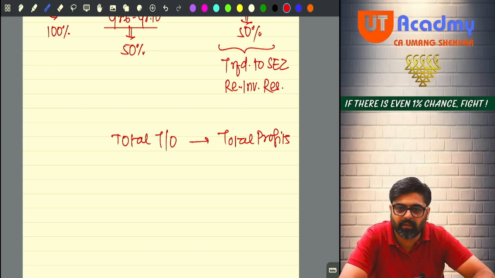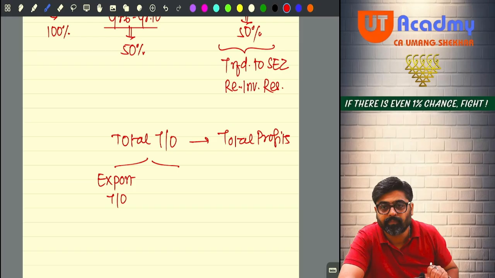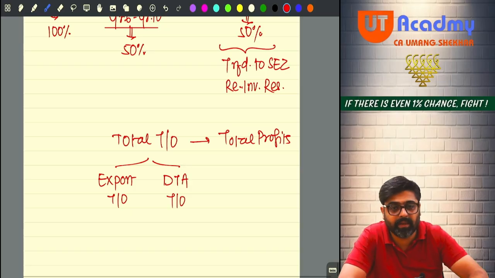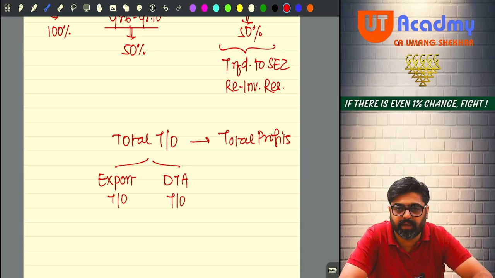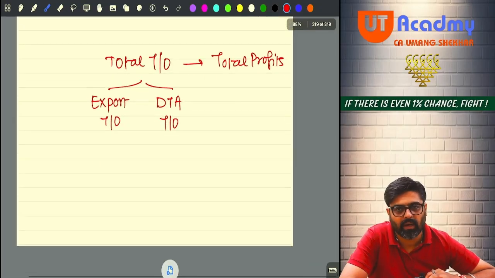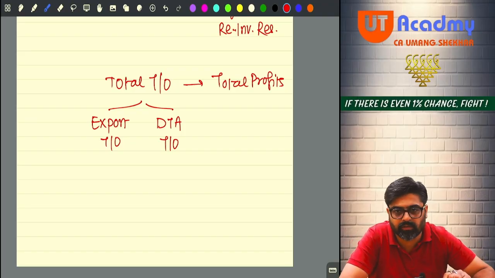In this total turnover, the majority will be your export turnover, export sales, yes or no? And a very minimal amount will be your DTA turnover. DTA means domestic tariff area. So whatever sales from this SEZ unit you have made, some limited sales will be in the domestic area, but the majority of the sales will be export sales, export turnover.